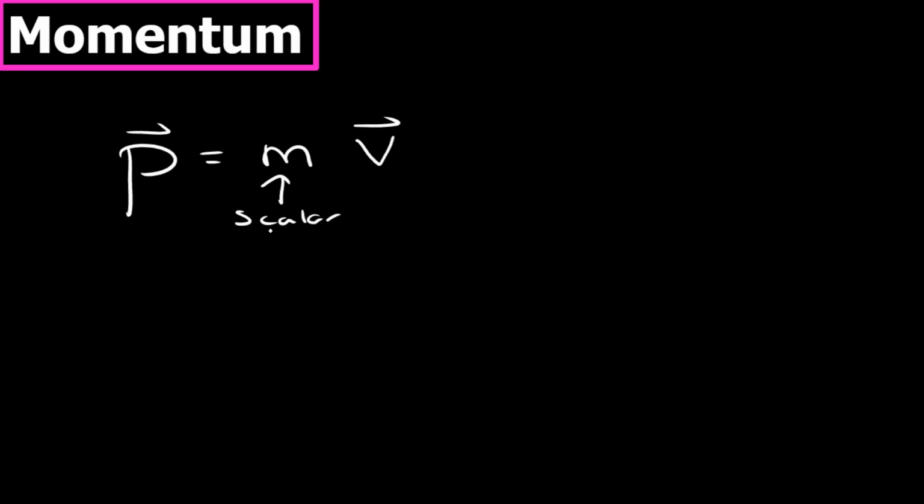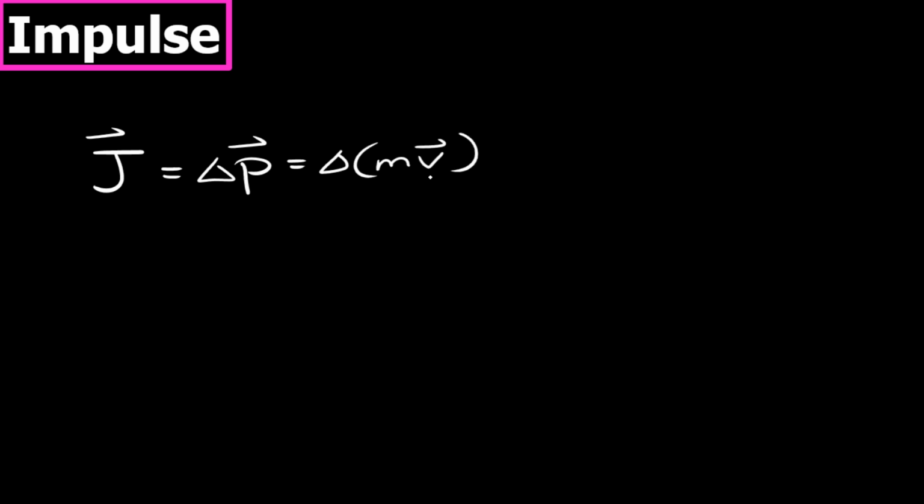If we change this momentum, the change in momentum gives us another quantity, which we call impulse. We define impulse, J, as the change in momentum. Using the definition P equals mv, it is the change in either mass or velocity.